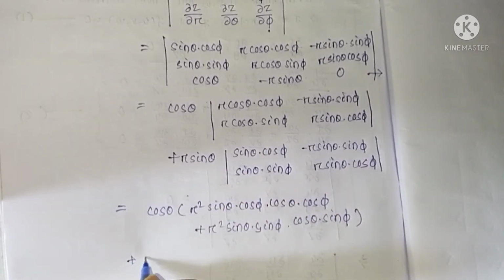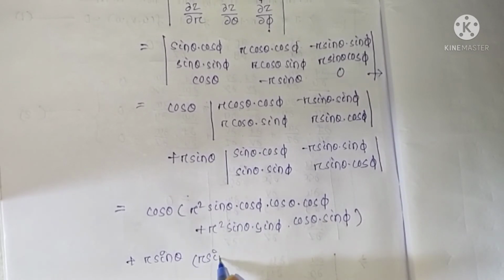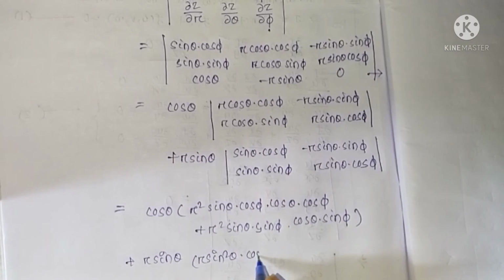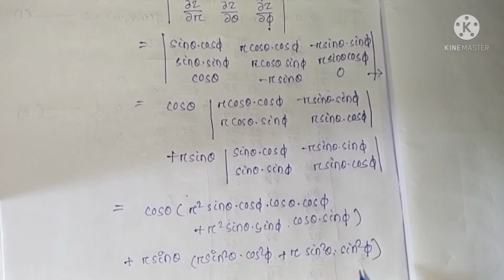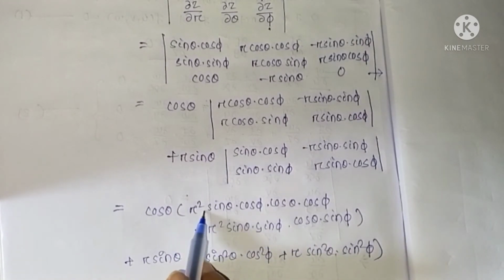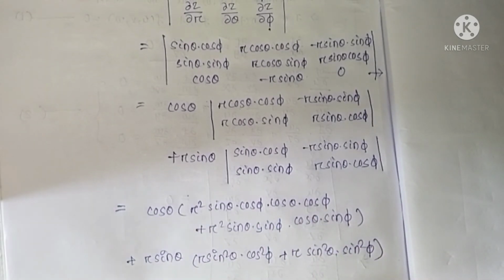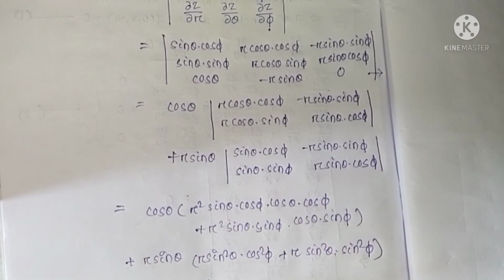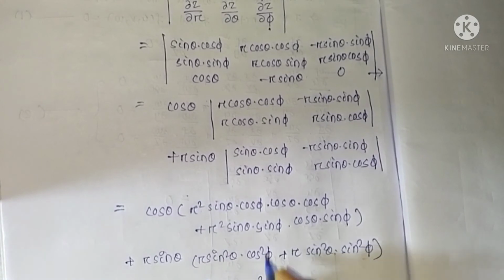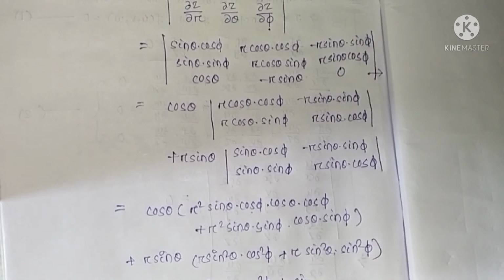Then next plus r sin θ times r sin² θ cos² φ plus r sin² θ sin² φ. In the first term we take common r² sin θ cos θ, that is r² sin θ cos² θ (cos² φ + sin² φ).